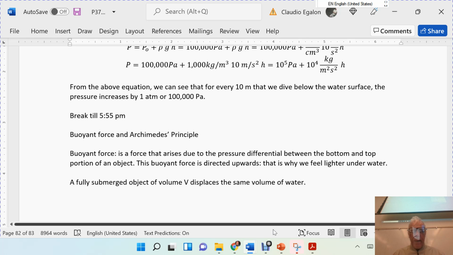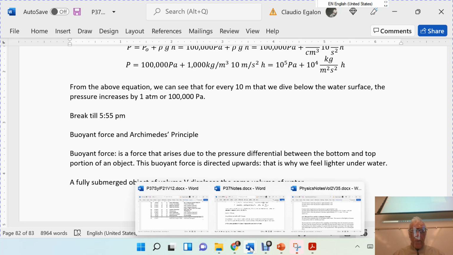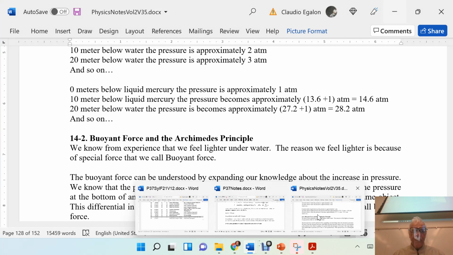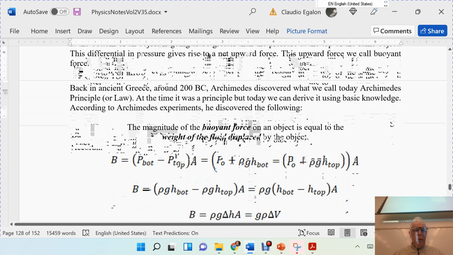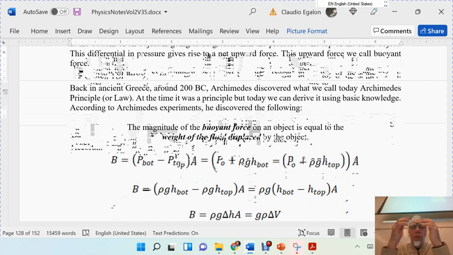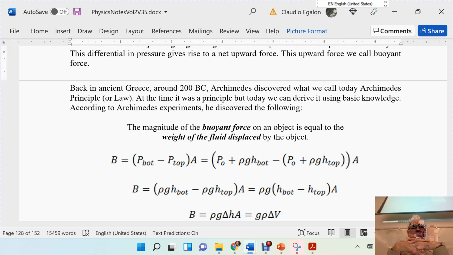And now we are ready to talk about Archimedes' principle. It's very easy to memorize. Okay, it's not a law of physics. It was a law of physics at that time when it was discovered in 200 BC. Okay, everybody's familiar with that story, right?